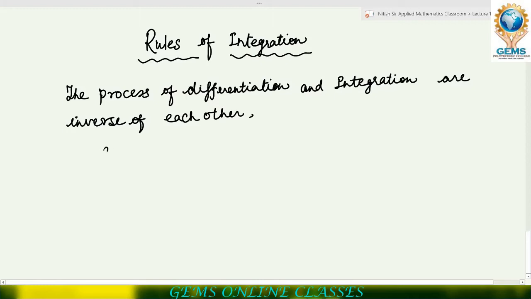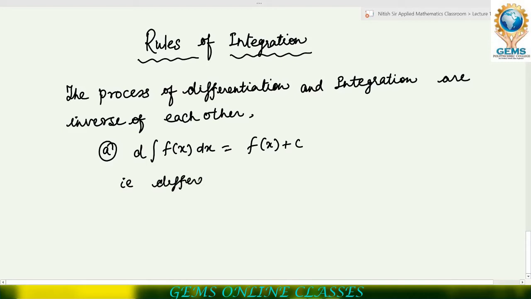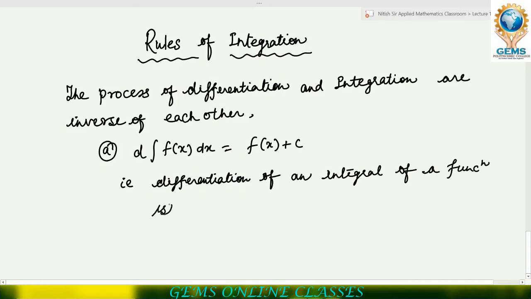So in that we see that d of integration of fx dx equal to fx plus c, that is, the differentiation of an integral of a function is that function.